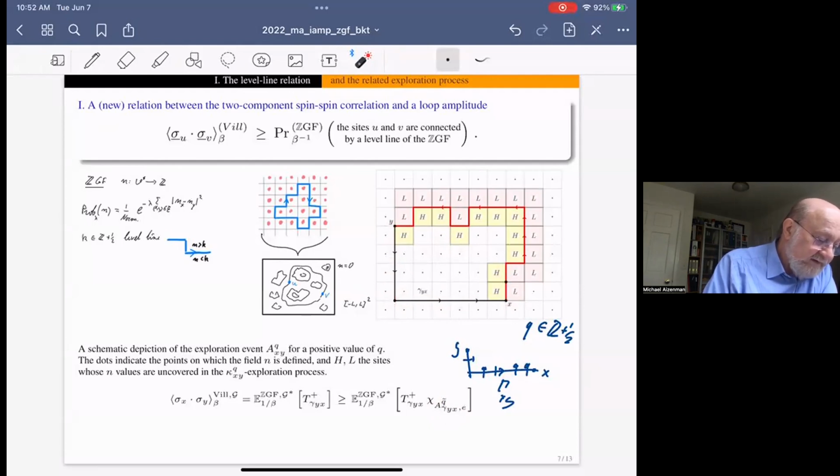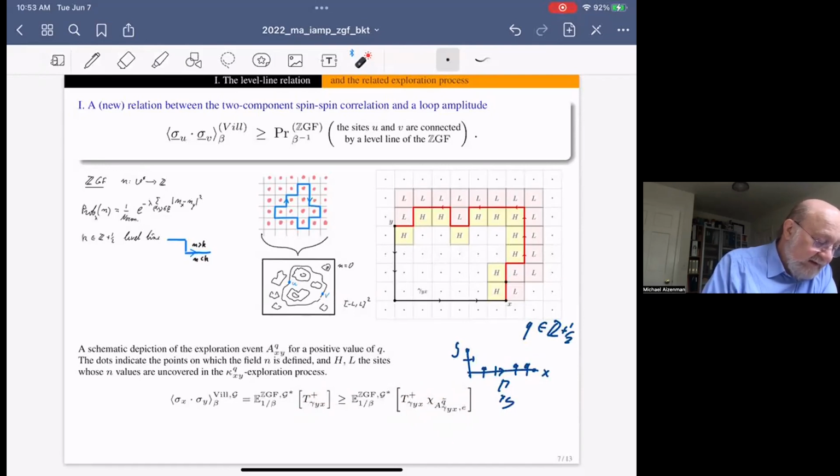And now the point is that when you condition on this event, the effect of T is actually bounded below by 1. So the expectation value of this disorder operator is bounded below by its expectation times the indicator function that the exploration actually succeeded.